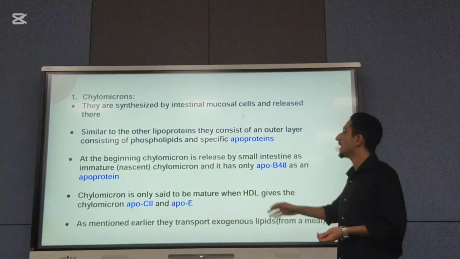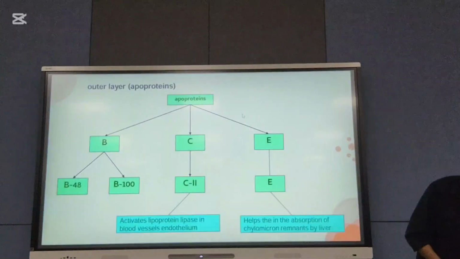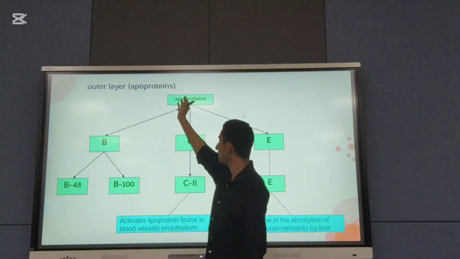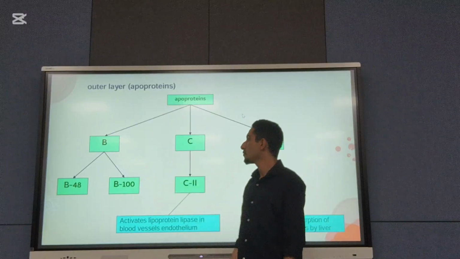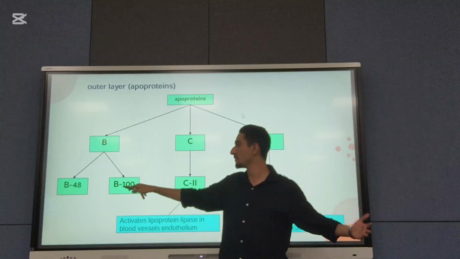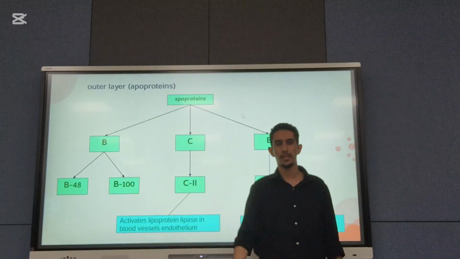We said also previously, I want to go back. You remember what I said here about B, which is the apoprotein? We said if it's a B100, it's in the VLDL. B48 is in the chylomicron.